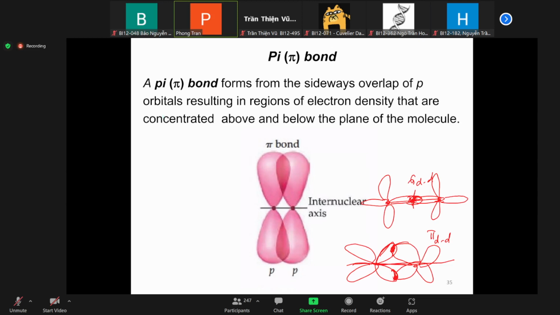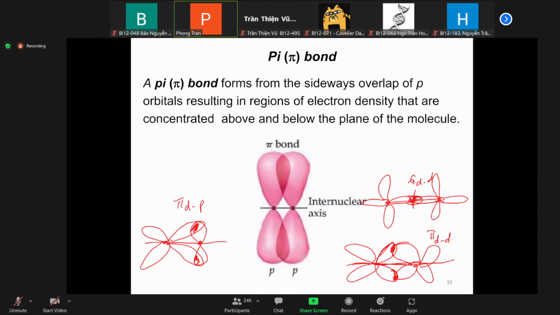You can have also the case when you have the d orbital like this, and you have a p orbital like this one. So you have the internuclear axis, and you have a lobe above and below. So here you have a pi bond, d and p orbital.